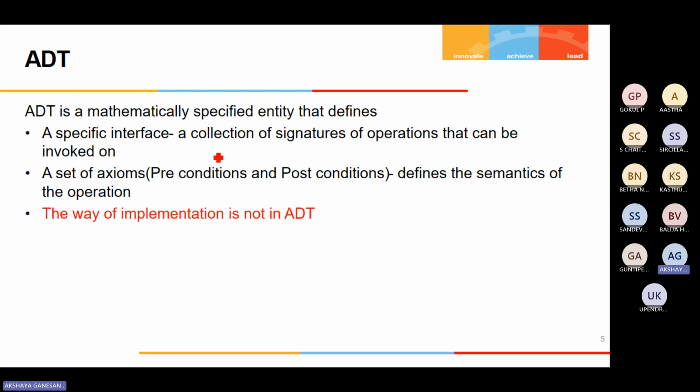So an ADT is mathematically specified, and it has a specific interface, which is nothing but a collection of signatures. What is a signature in a function? All of you have studied C programming, right? So in a function, what do we say as a signature?